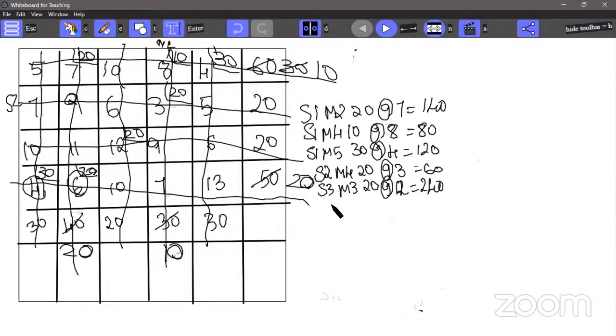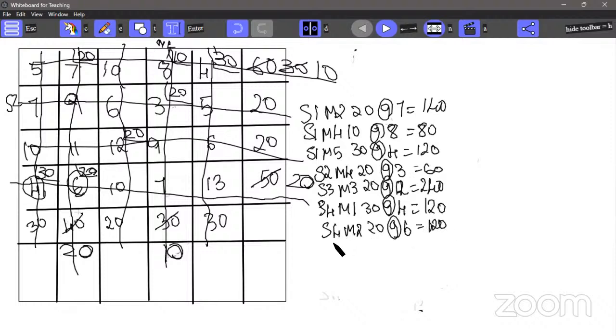Then S4, M1, 30 at the rate of 4, 120. S4, M2, 20 at the rate of 6, 120. Please find out the total.